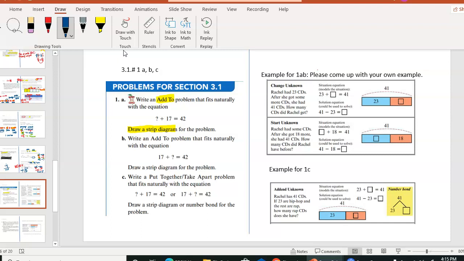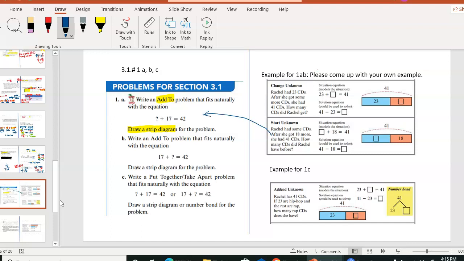For part A, we don't really need this part right here. This is the change unknown. Make sure you understand both types. To match with homework problem 1A, it's this example right here.